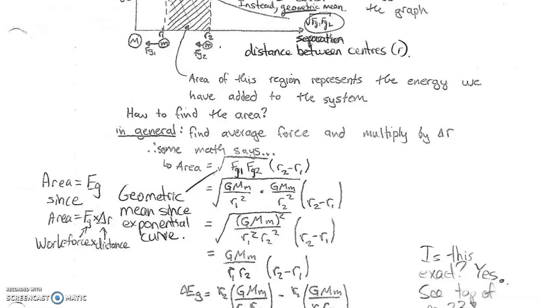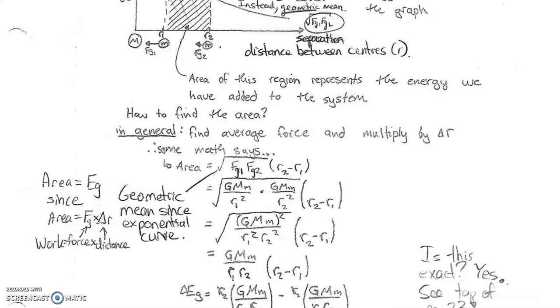Therefore, that has to be the gravitational potential energy. How do we actually find that area? Average force multiplied by the change in the distance between centers must be that area. Because it's a geometric mean, the average force is the square root of Fg1 times Fg2, and the change in r is r2 minus r1, so we can simply multiply those two things together.